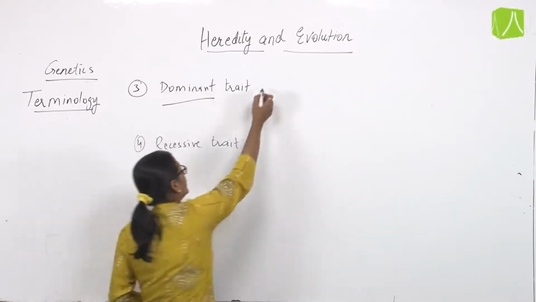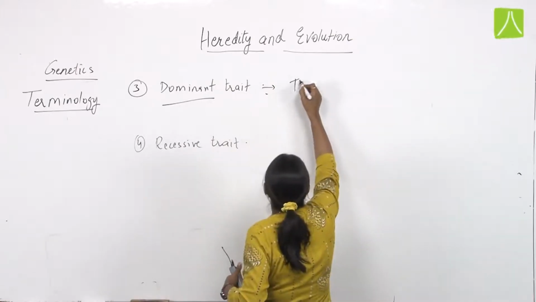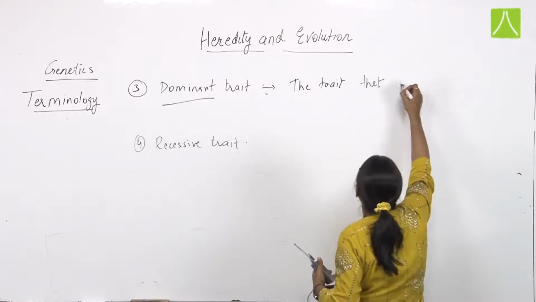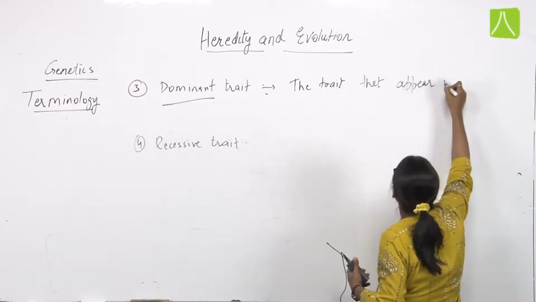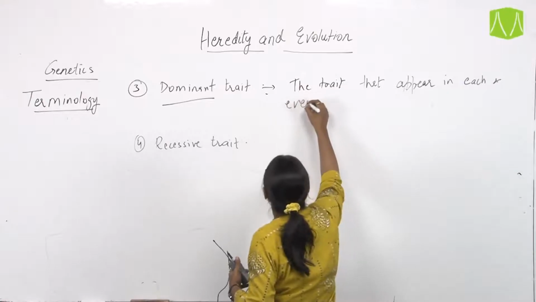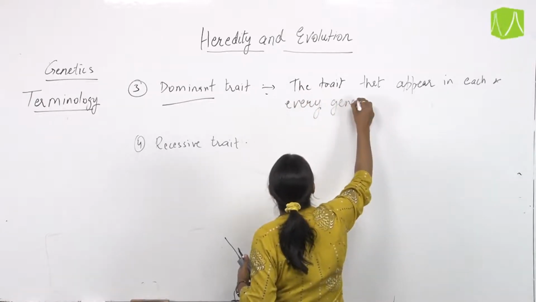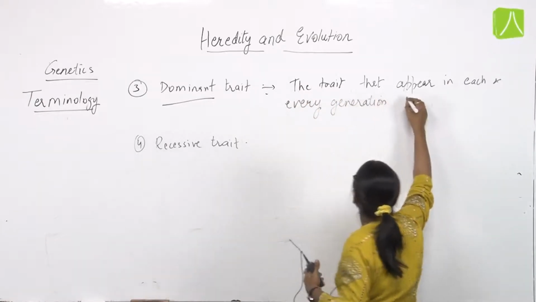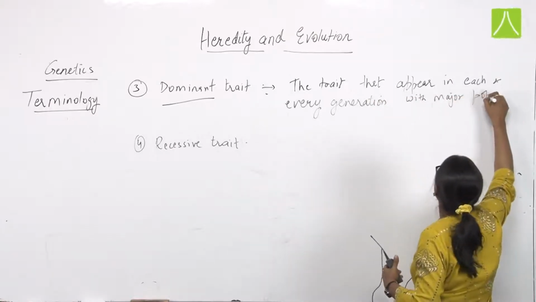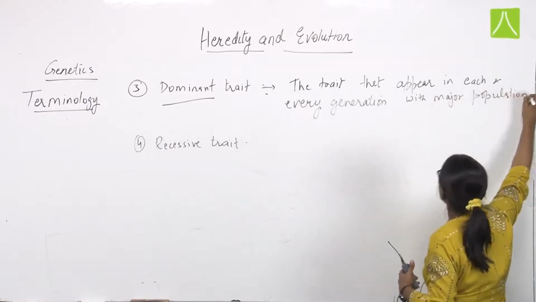That means the trait that appears in each and every generation with the major population of a species is known as dominant trait.